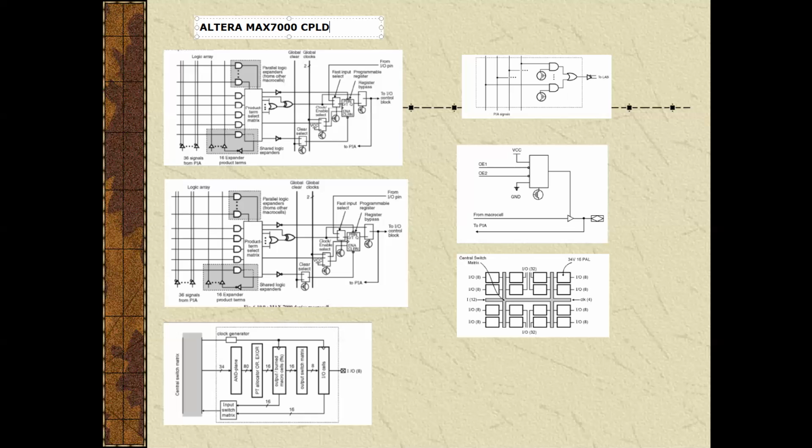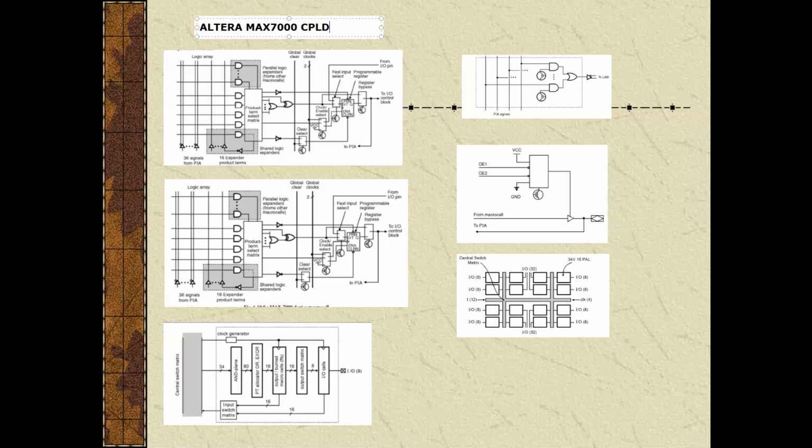The second one is features. High performance second generation Max architecture, built-in JTAG boundary scan test, a complete CPLD family, and programmable macro cell flip-flops with individual controls and a programmable power saving mode in each macro cell.